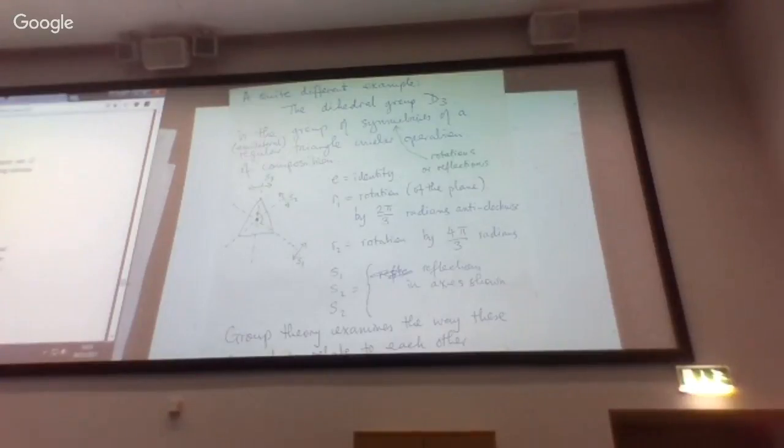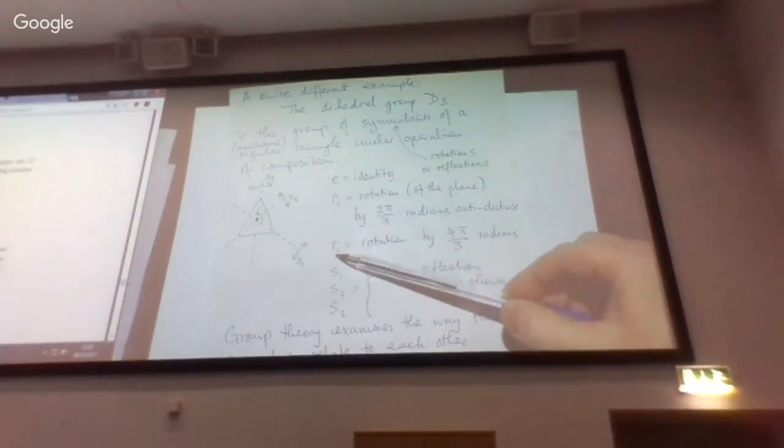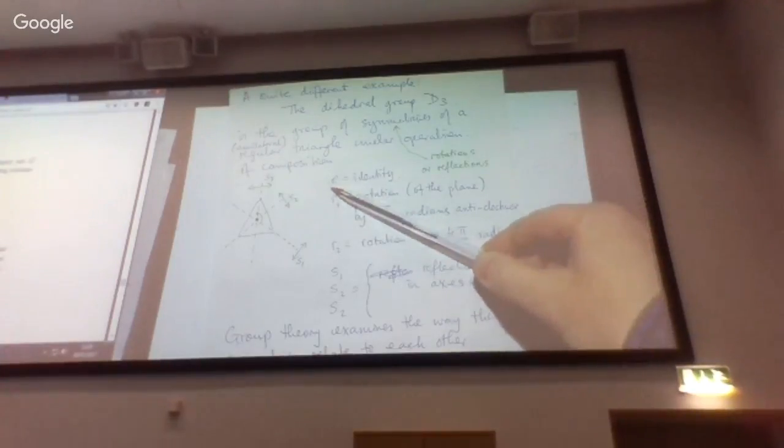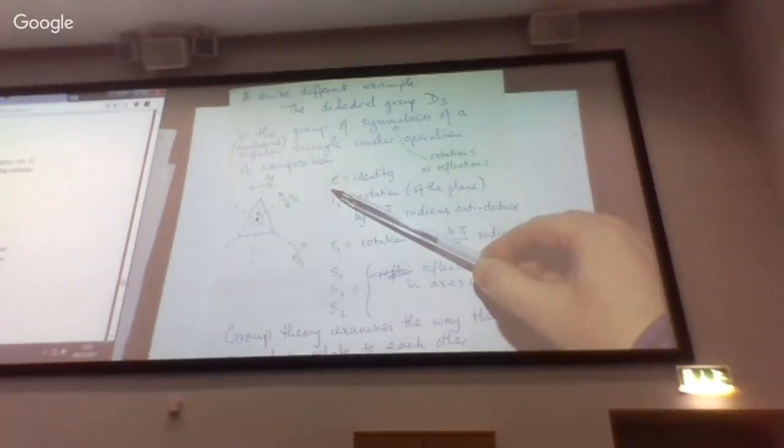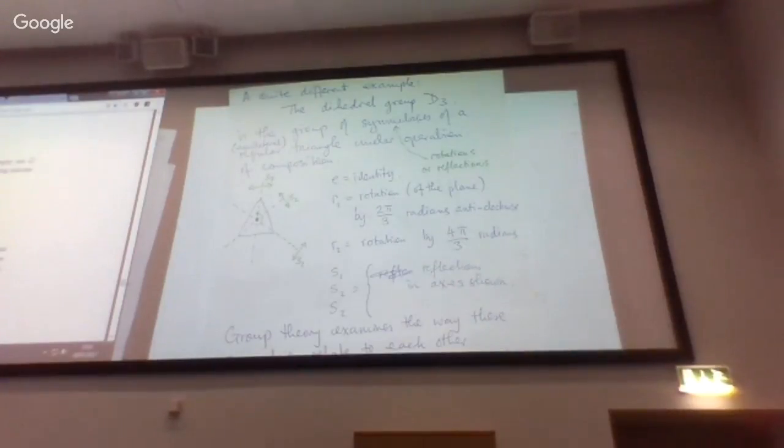If you rotate it 2/3 of a turn about its center, you'll still be looking at the same triangle again. You can turn it 3/3 of a full turn if you want to produce another rotation, but of course that's already listed because that's the identity transformation. To rotate the whole plane by 3/3 of a full turn, meaning a full turn, as a function, as a before and after kind of thing, that's the same as doing nothing to the plane, because every point is sent to itself.